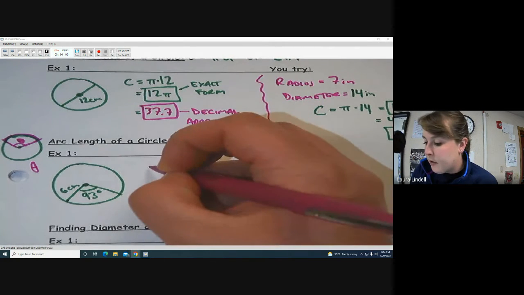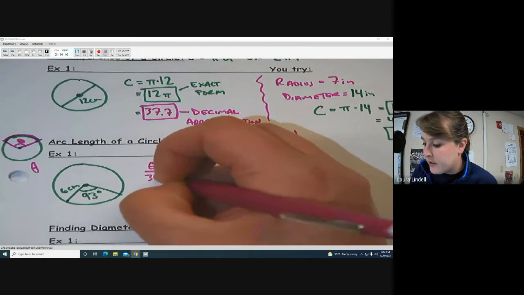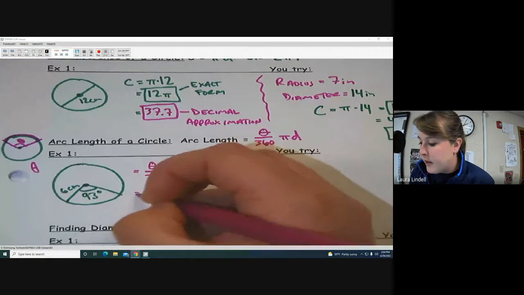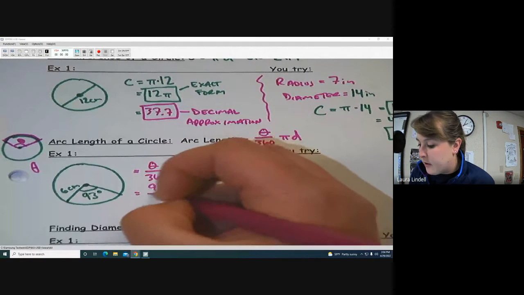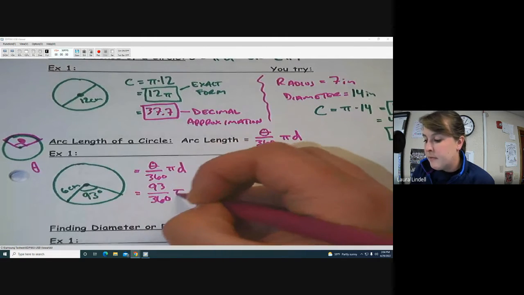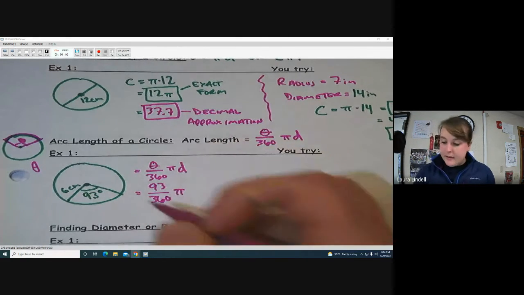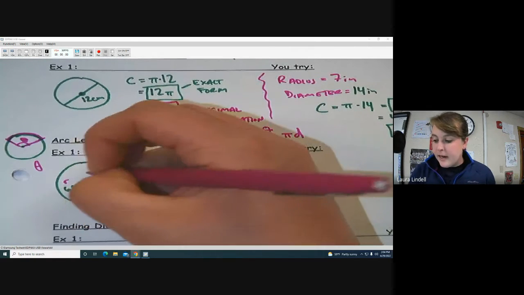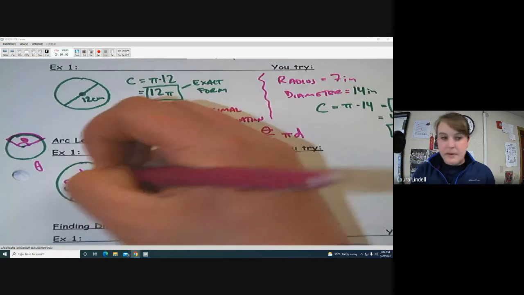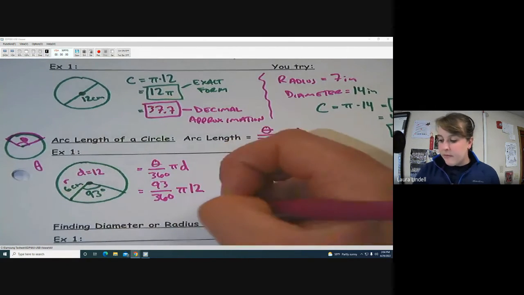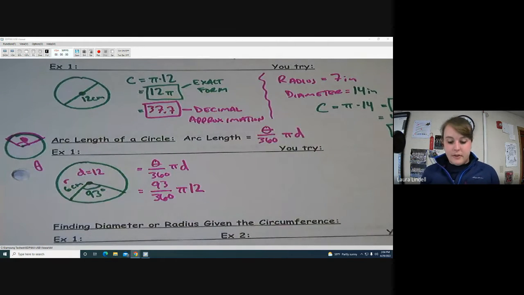So instead of theta over 360 times pi times diameter, we can go 93 over 360, since the angle goes on top, times pi. And then this 6 centimeters represents my radius. So my diameter is going to be 12. So pi times 12.